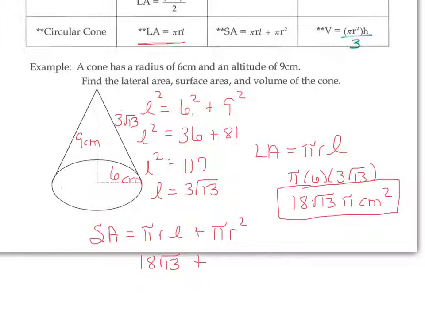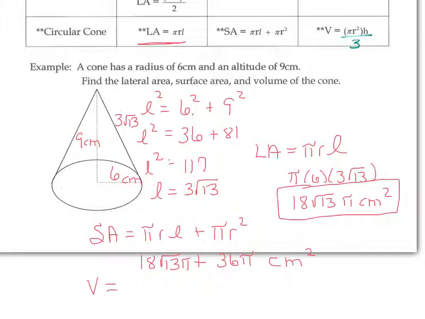The radius is 6, so we're going to have 36 pi. And this is surface area? Surface area: 18 pi square roots of 13 plus 36 pi centimeters squared.